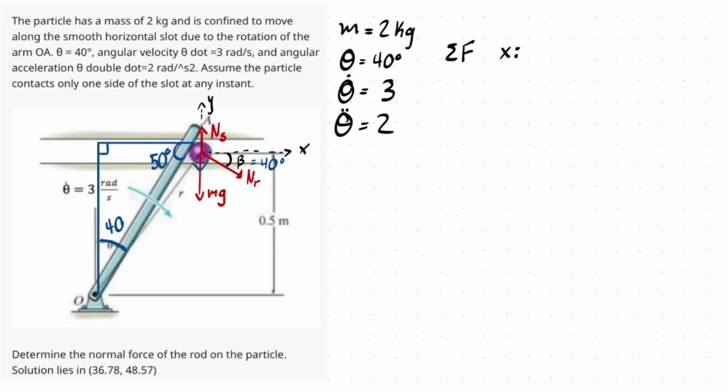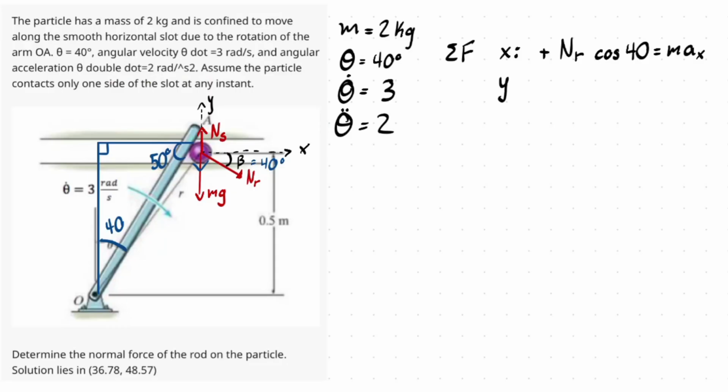If we want to sum on the x-axis, we're going to have a positive N_R, and then is it the cosine or the sine? It's the one right next to the angle, so it's the cosine of 40. And that's equal to our mass times our acceleration in the x.